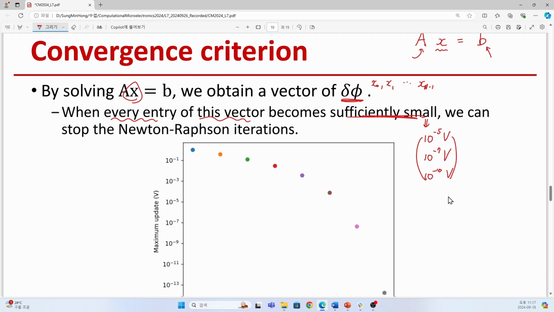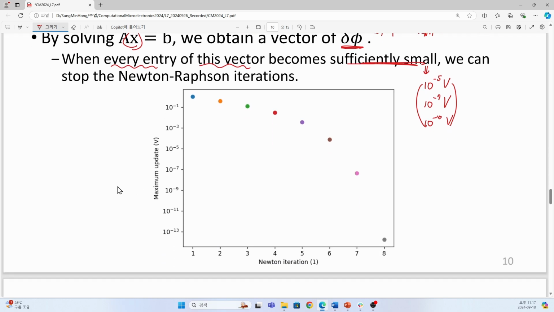Okay, so for example, this one shows one of my simulation results. At the very first iteration, the increment or change of our electrostatic potential was more or less close to 1.0. In this case, we have a significant change of electrostatic potential, so we must go on.